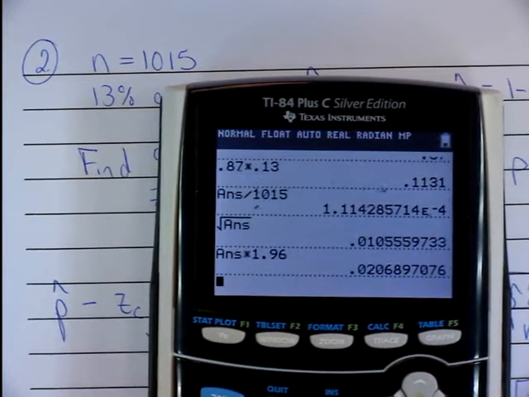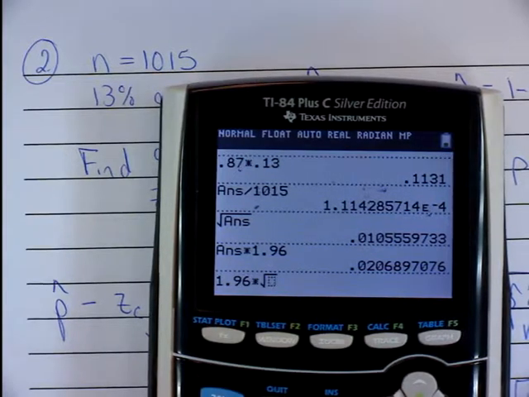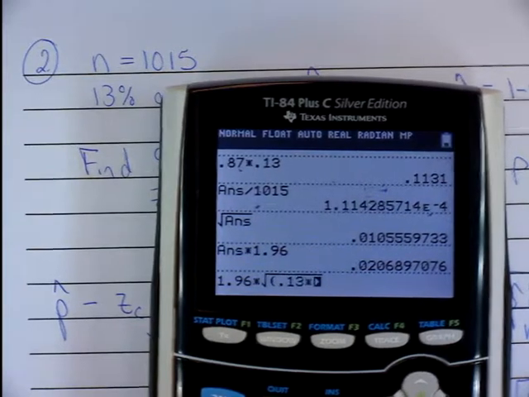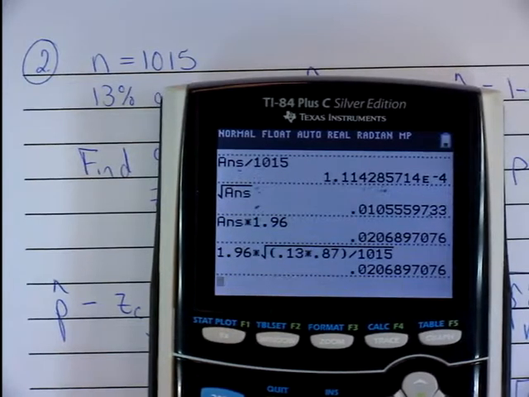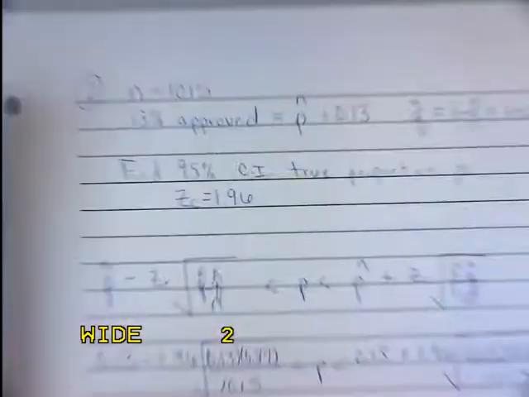So I work my way from under the radical to the outside of the radical. 0.0207 to 4 places. You can also plug it in directly, 1.96 times the square root of parentheses 0.13 times 0.87 divided by 1,015. Maybe that's easier. 0.0207, and I'll remove this.